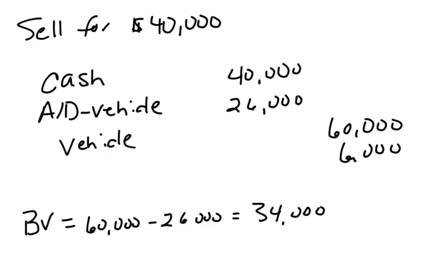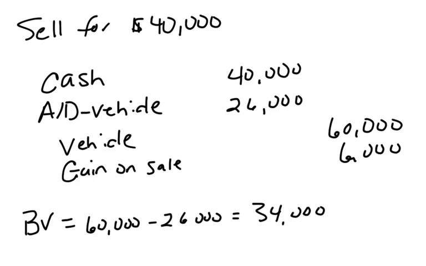So as far as the paper is concerned, again, book value does not equal fair market value, obviously, because we sold it for $40,000. But this looks like a benefit for me because it looks like it was only valued at $34. I sold it for $40. So this is a gain to me. I'm going to write gain on sale. This is technically gain on sale of fixed asset, but I'm just going to shorten that a bit. Gain on sale.